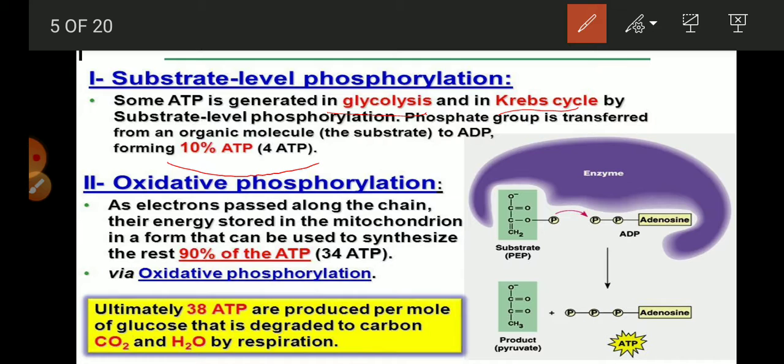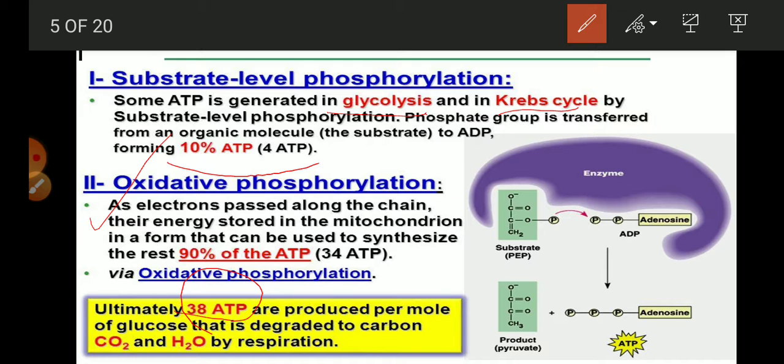That is 4 ATPs produced in this reaction. In oxidative phosphorylation, definitely 90% of ATP is formed, that is 34 ATPs produced from chemiosmosis, or oxidative phosphorylation. So ultimately we have 38 ATPs, carbon dioxide and water, as a byproduct of the respiration process.